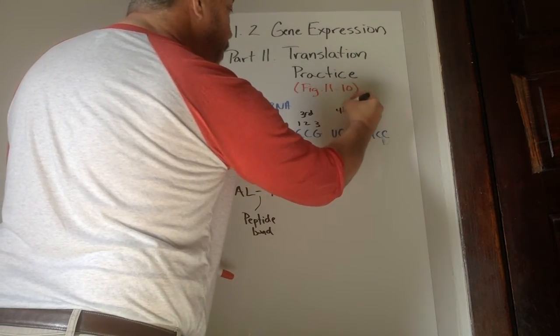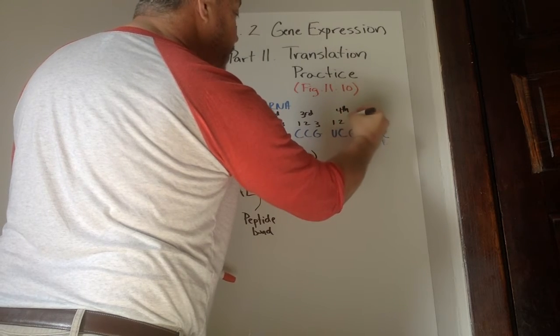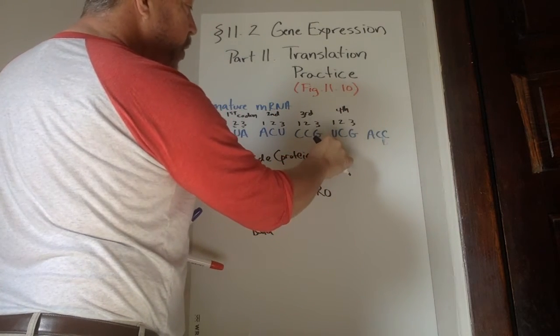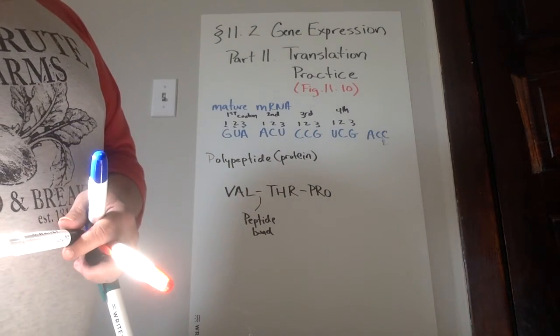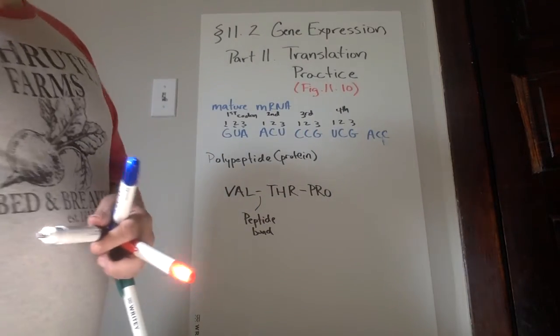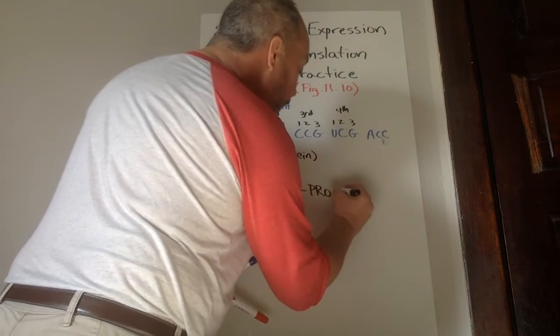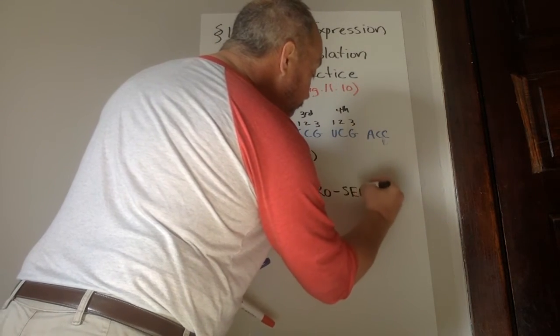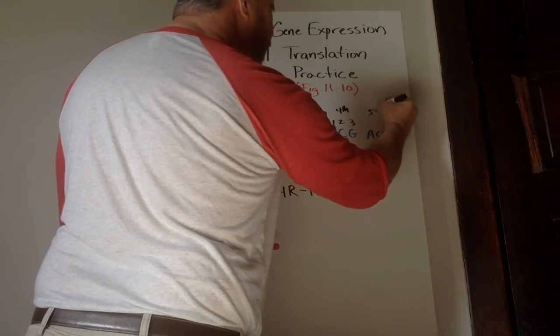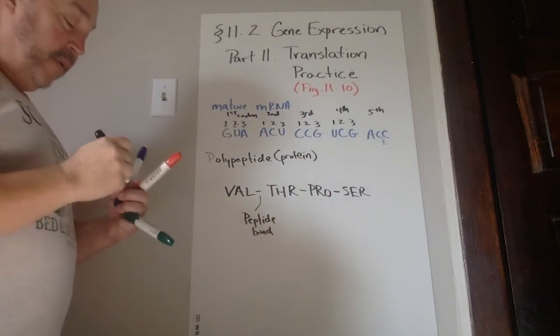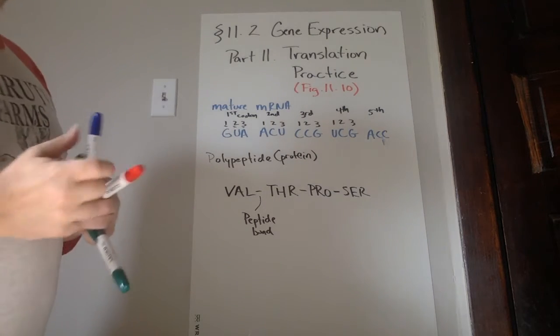Then we go to the fourth codon. First, second, and third. So we're going to find row U and column C. Row U, column C, we see that UCG is going to code for serine. And then we go to our fifth codon. And we keep going until either we do them all or we hit a stop codon.